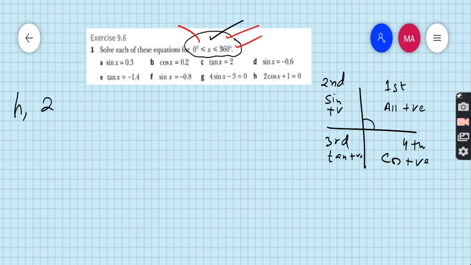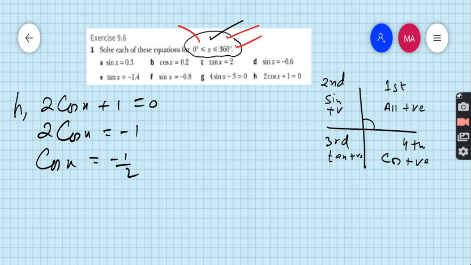Part H is 2 cos x plus 1 is equal to 0. Then 2 cos x is equal to minus 1. Cos x is equal to minus 1 upon 2. And this cos is negative. So cos is negative in the second and third quadrants.